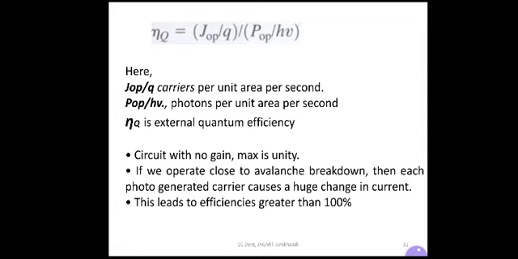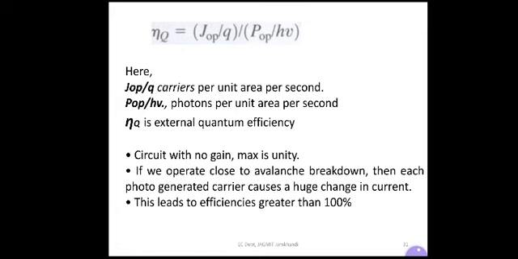Therefore, eta Q is equal to J_op divided by q, whole divided by P_op divided by h nu. That is, eta Q is the external quantum efficiency, which is the number of electrons or holes generated per photon.